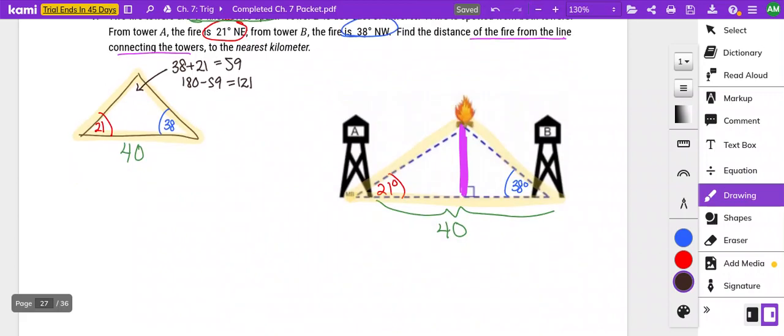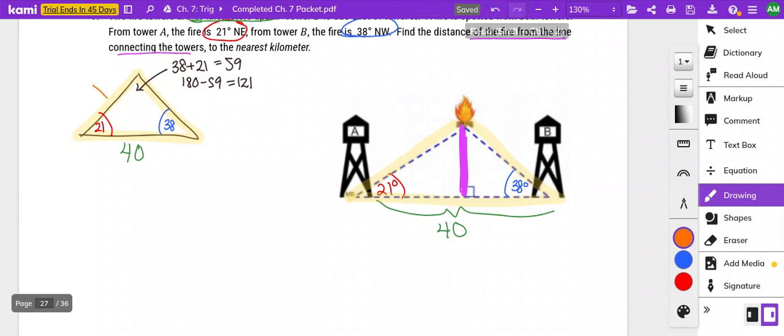Now I can set up law of sines to find either of these two sides opposite those angles. It's up to us which one we find. It doesn't matter. Either one is perfectly fine.